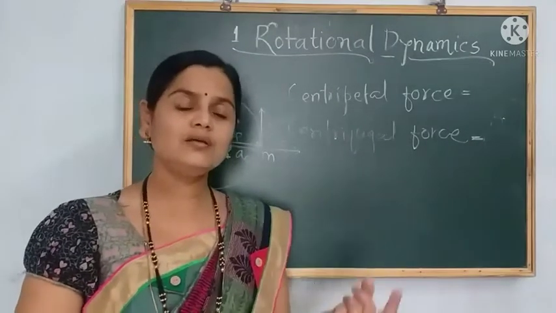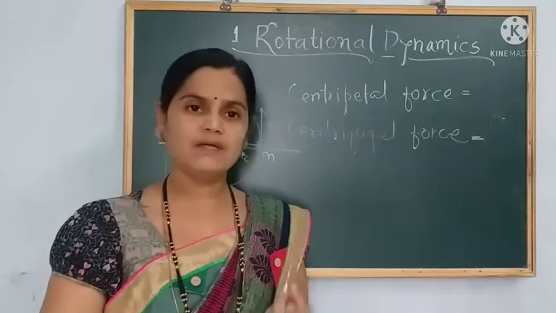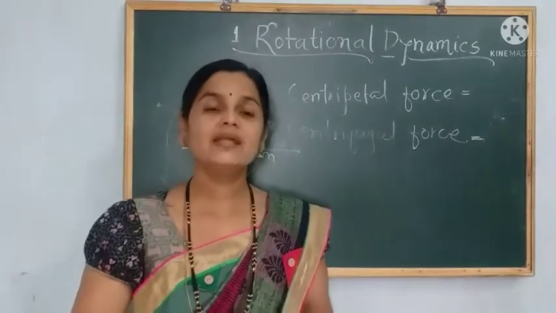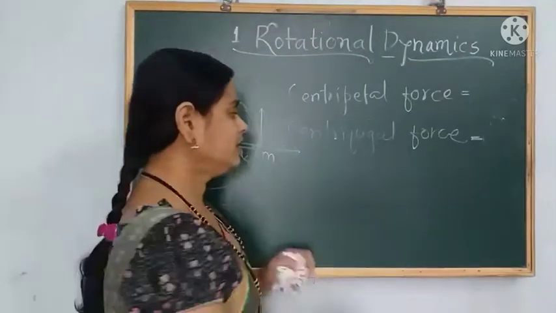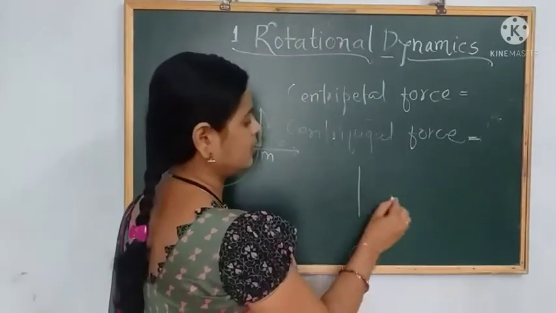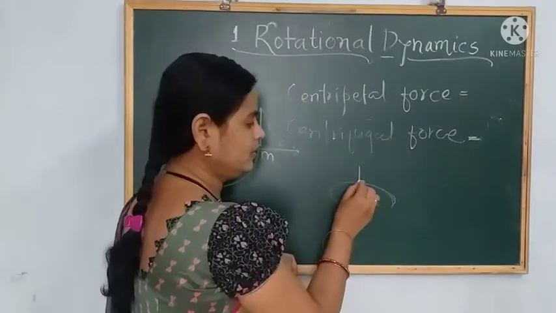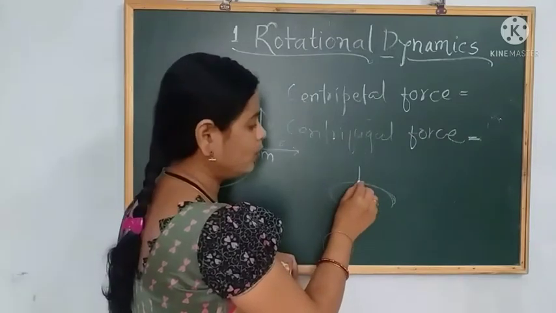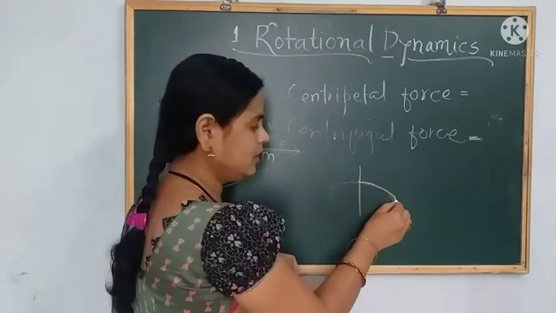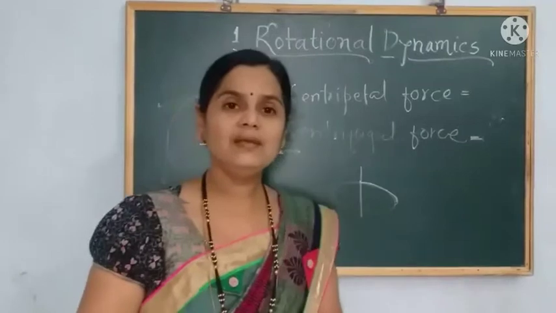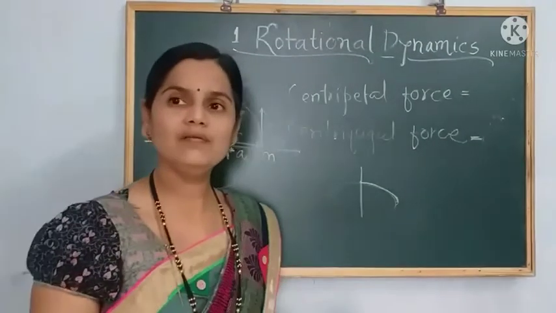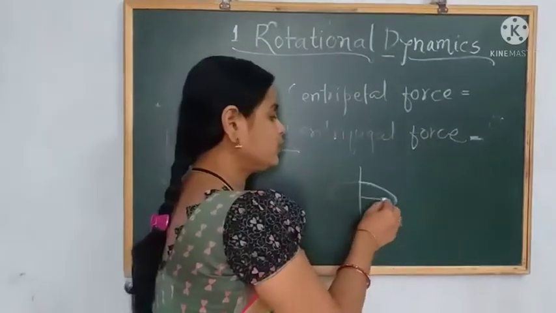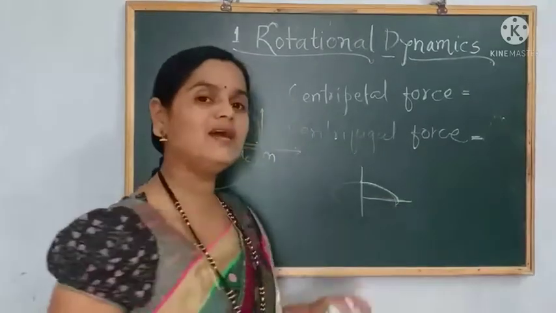As the earth rotates about itself along a fixed axis, during this rotation, when objects on the pole move towards the equator, they feel a centrifugal force which pushes the bodies radially outward.